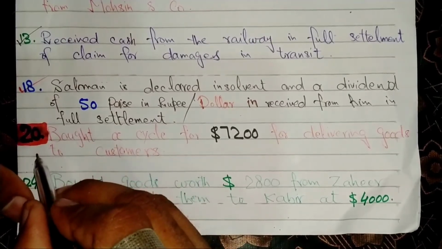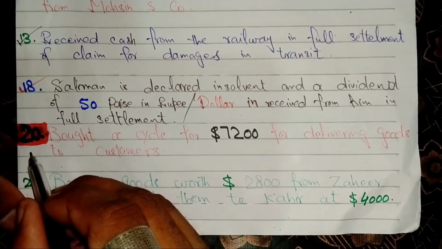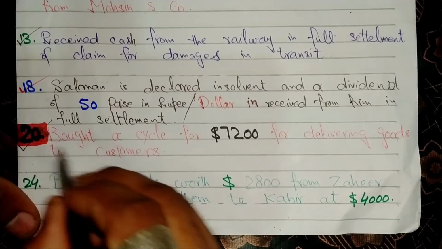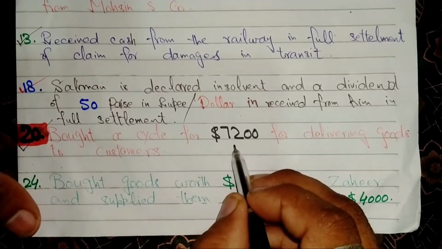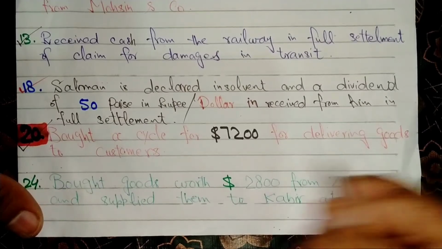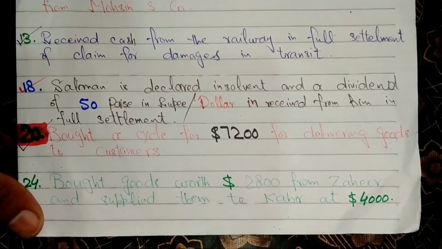This is a very simple transaction, as is its entry. On 20th January, bought a cycle for $7,200 for delivering goods to customers.